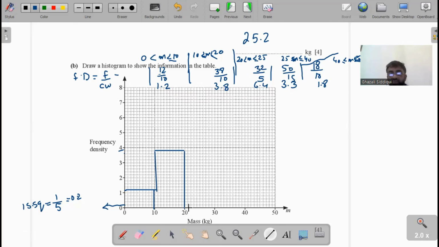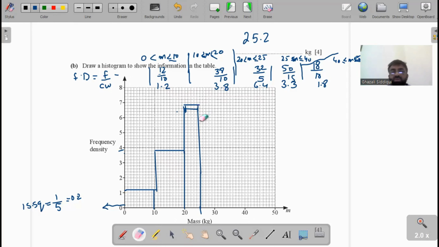That is 1, 2, 3, 4, and 5, this is the middle value. So 20 to 25 is 6.4.